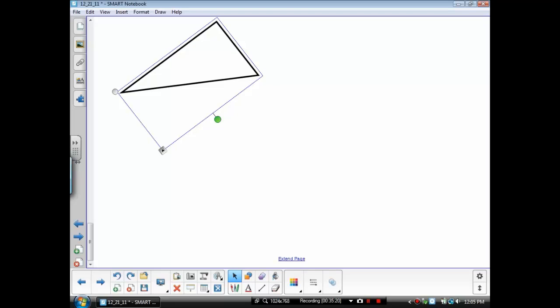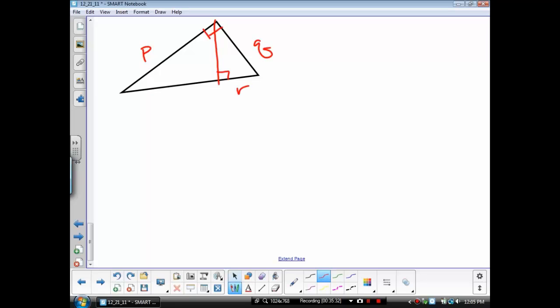Altitude drawn to the hypotenuse. Different names for all these pieces. P, Q, R, S, T, U.